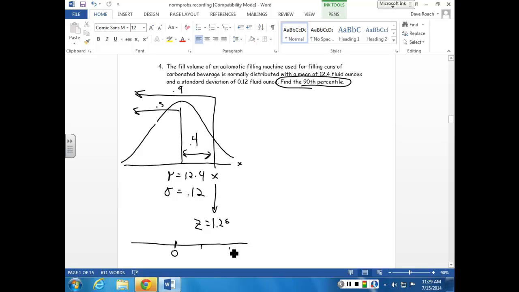What this says is on this axis, on a z-axis, we are 1.28 standard deviations above the mean. So all we have to do is take the mean and add 1.28 standard deviations. So 12.4 plus 1.28 times 0.12.